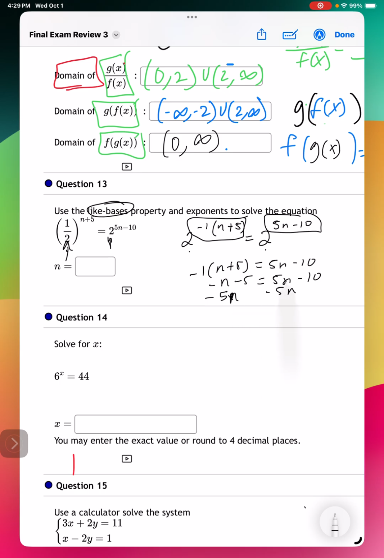So I'm going to take my terms with the variables to the left-hand side and my constants to the right-hand side, so that I get -6n equals -5, divide both sides by -6, and I get n equals 5/6 as an answer. And that's all I can do on that one.